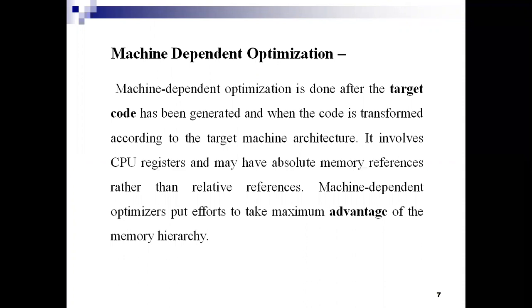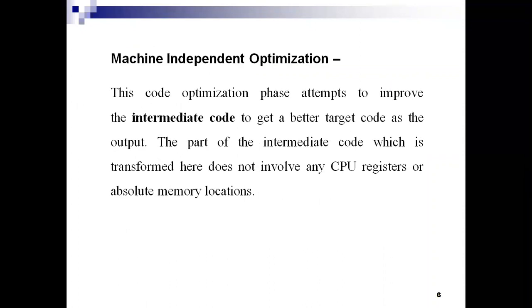Note this down: machine dependent optimization is based on the characteristics of the target machine, and machine independent optimization is based on the characteristics of the programming languages, using appropriate programming structure and efficient arithmetic properties in order to reduce the execution time.